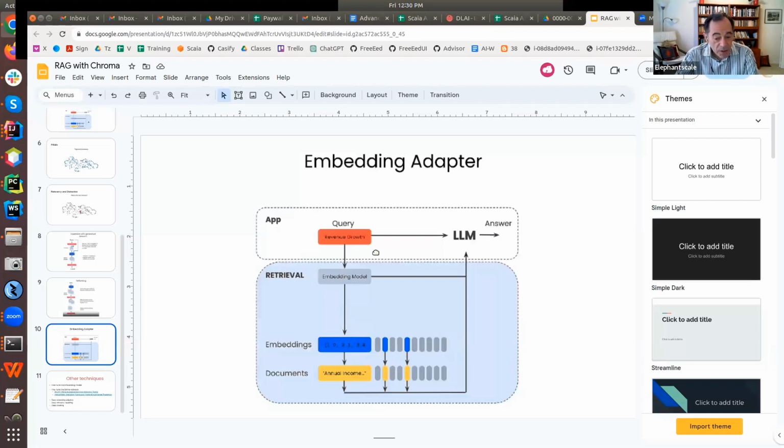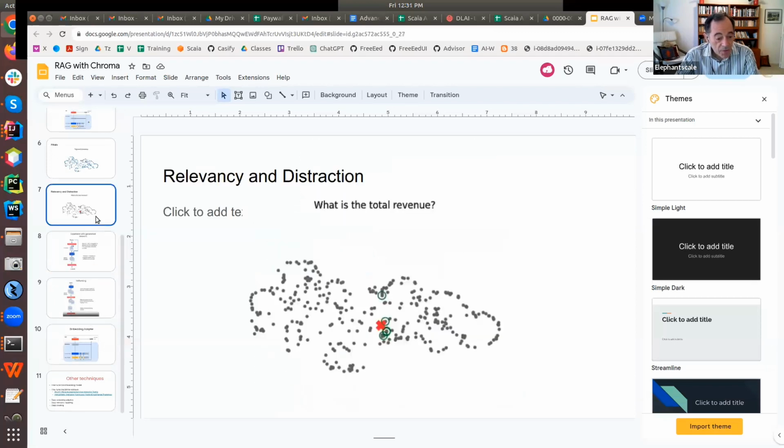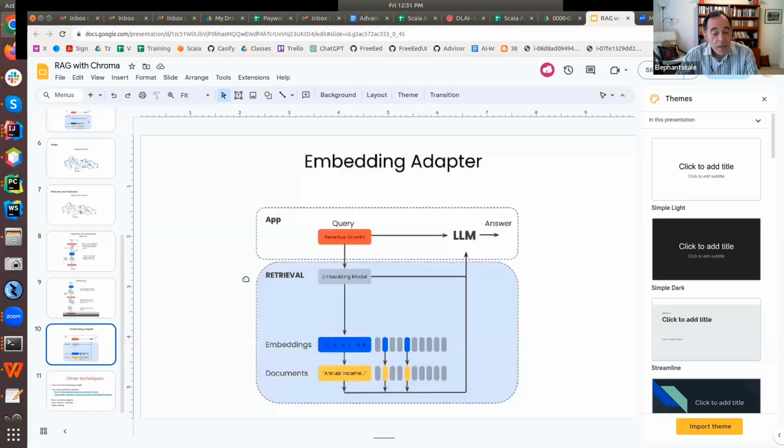Now, what changes is that before, we just applied a straightforward conversion from words to vectors. Now we're training this model, and that's why it's called embedding adapter. We are adapting our embeddings, and here you are, we align them a little bit better. With the same idea, the idea is very clear. Are these documents relevant? That's what I need to know. Once I find the relevant documents, I send them to ChatGPT.